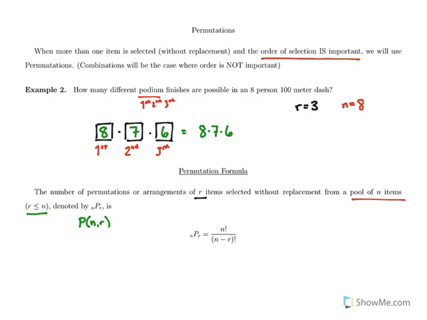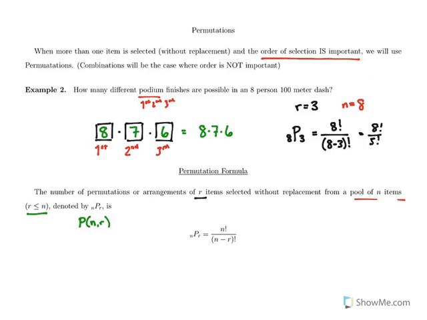And note that if we use the formula, here we have 8P3, which is 8 factorial over (8 minus 3) factorial, which is 8 factorial over 5 factorial.